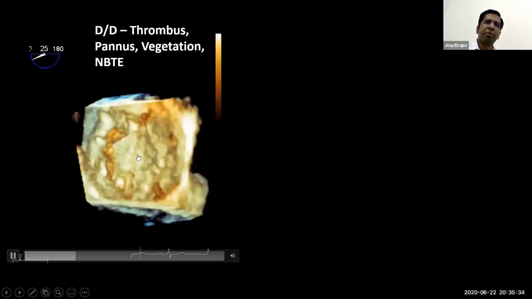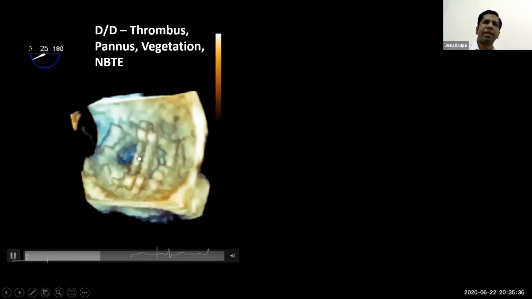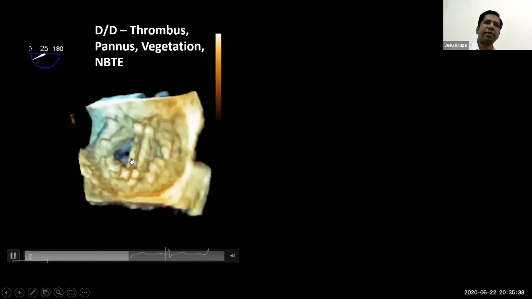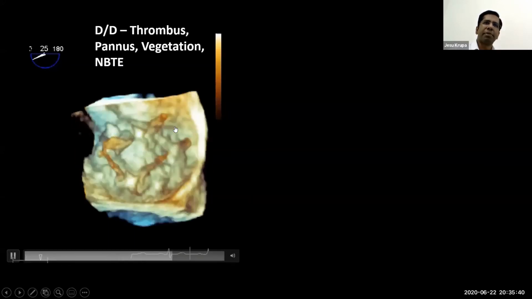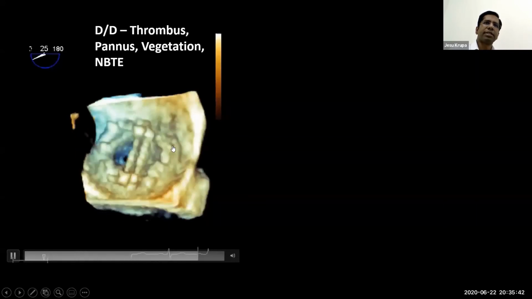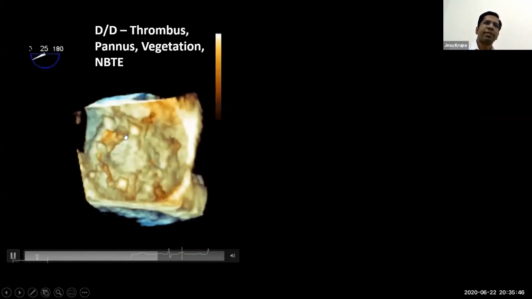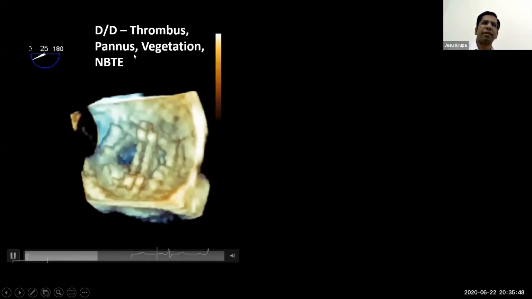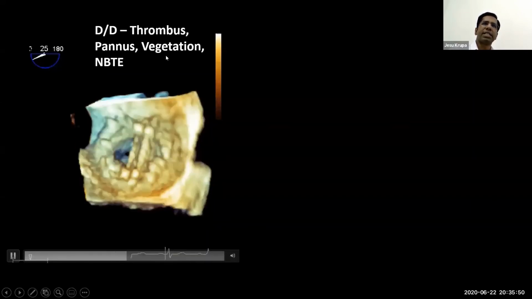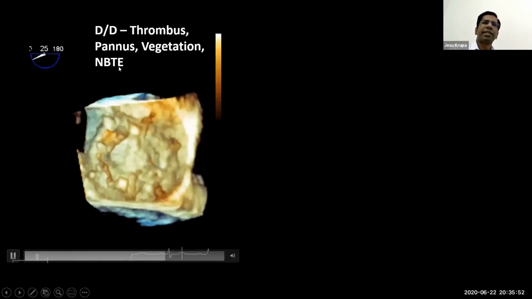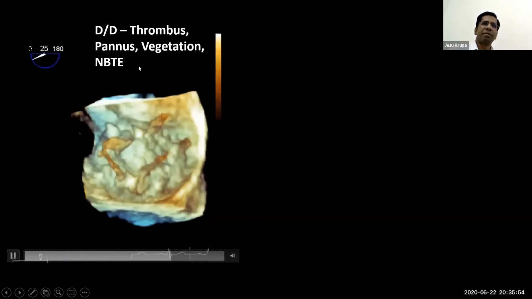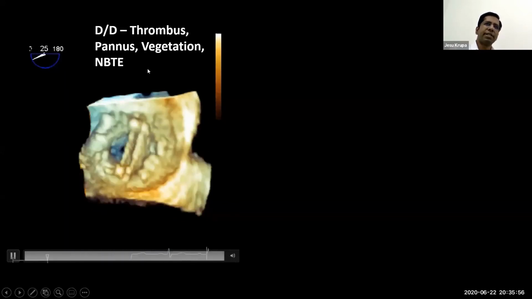Again, 3D showing both the discs. It's a bileaflet mechanical valve. Both the discs are moving nicely, but you can see these multiple filamentous kind of structures which are moving in different directions. And the differential diagnosis of this would be thrombus or pannus or vegetation, or even non-bacterial thrombotic endocarditis because the patient had antiphospholipid antibody syndrome.